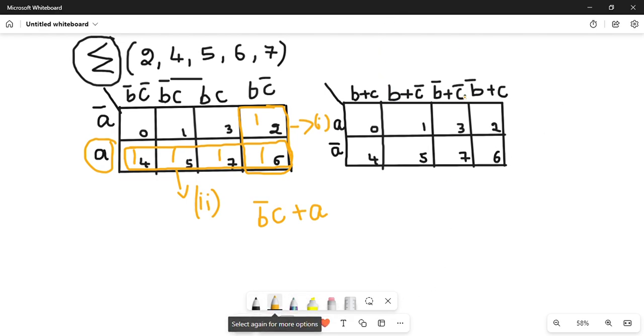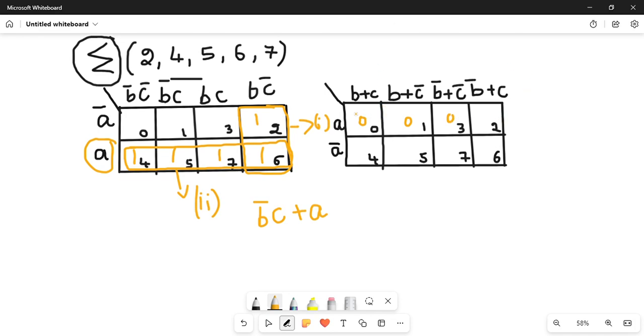So 2 is present, so eliminate. 4 is present, so eliminate. 5 is present, so eliminate. 6 is present, so eliminate. 7 is present, so eliminate. If you eliminate all these values, what remains is here 0, right? And here it is 1, 3, right?